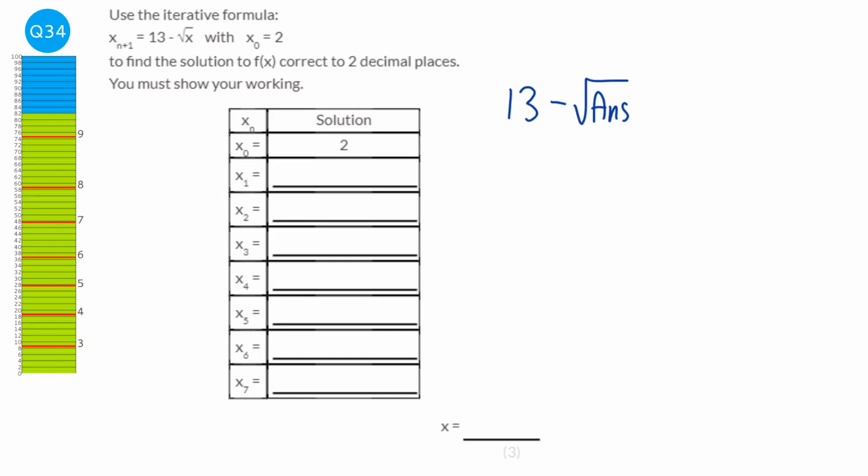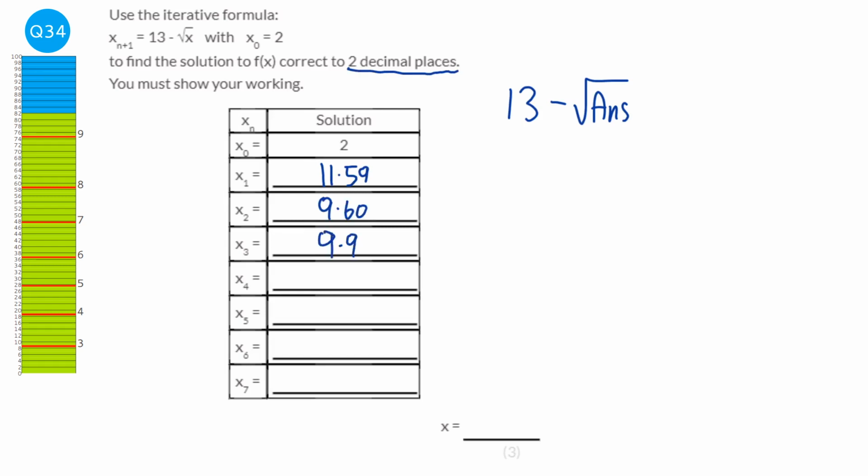And then next time we press equals, it will get this 2, feed it into this, and work out the next solution. When you do that, you get a solution of 11.59 when rounded to 2 decimal places. Press it again, you get 9.60, again rounded to 2 decimal places.